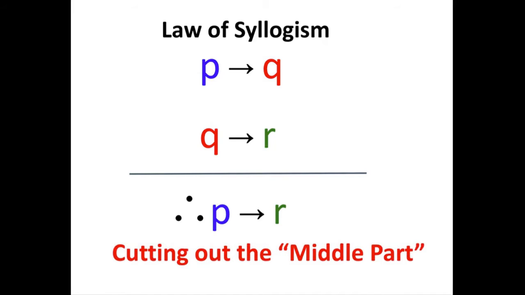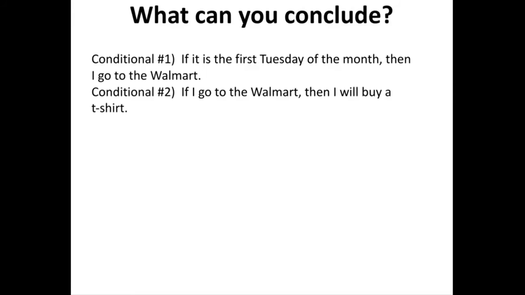And so if you can find an identical statement there in the middle part, meaning the conclusion of the first statement identically matches the hypothesis of the second statement, you can just cut out the middle part, and what you're left with is now your hypothesis and your conclusion of your new statement.